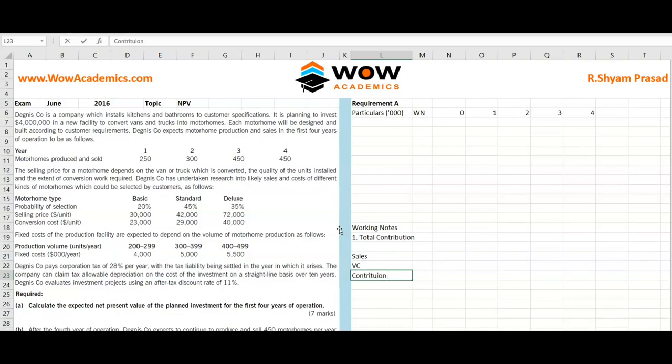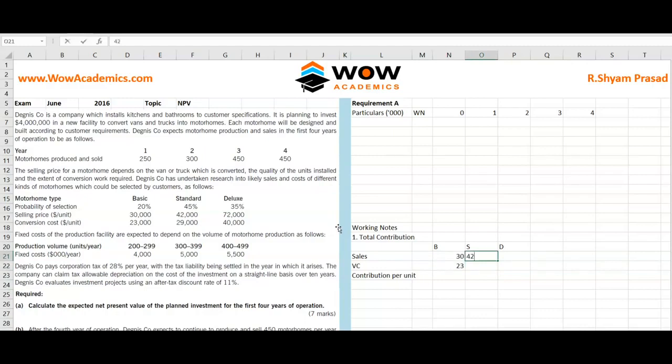But the data that has been given is contribution per unit, so the answer that we'll get will also be in units. We have three types of products: basic, standard, and deluxe. The sales value here, after cutting the thousands, is 30, and 23 is the variable cost.